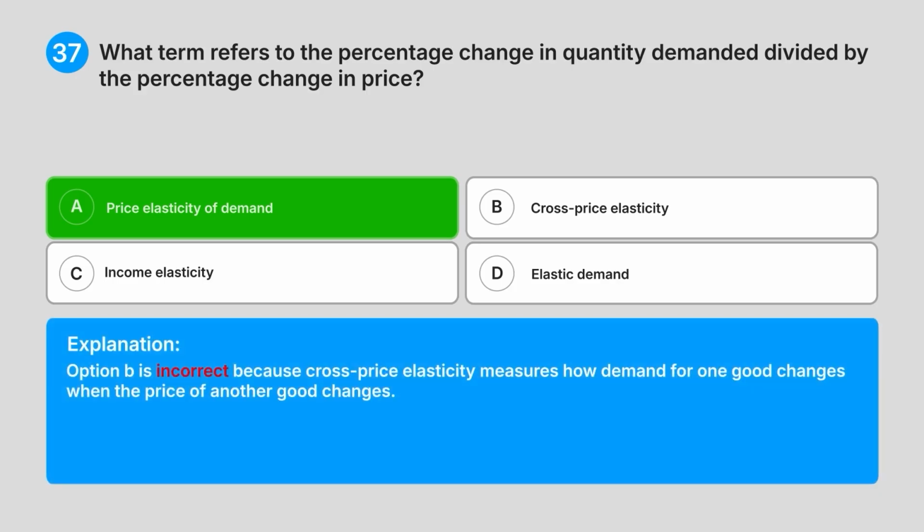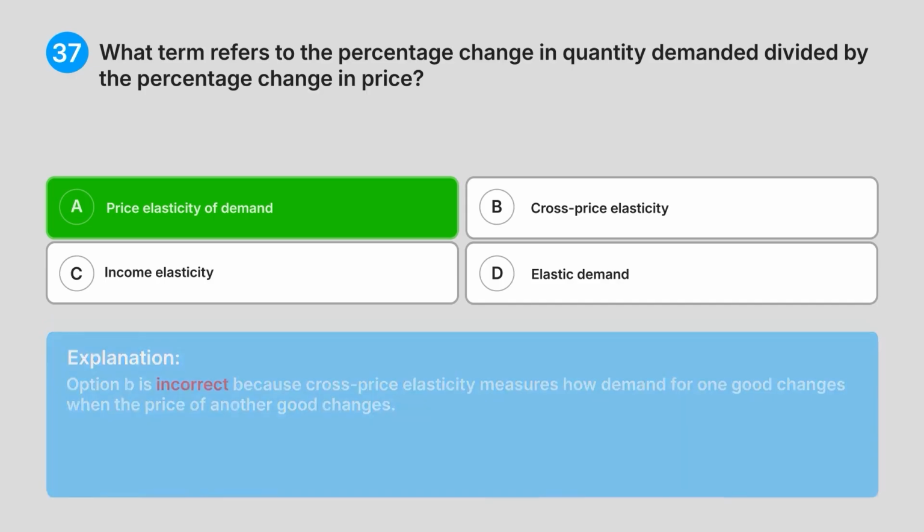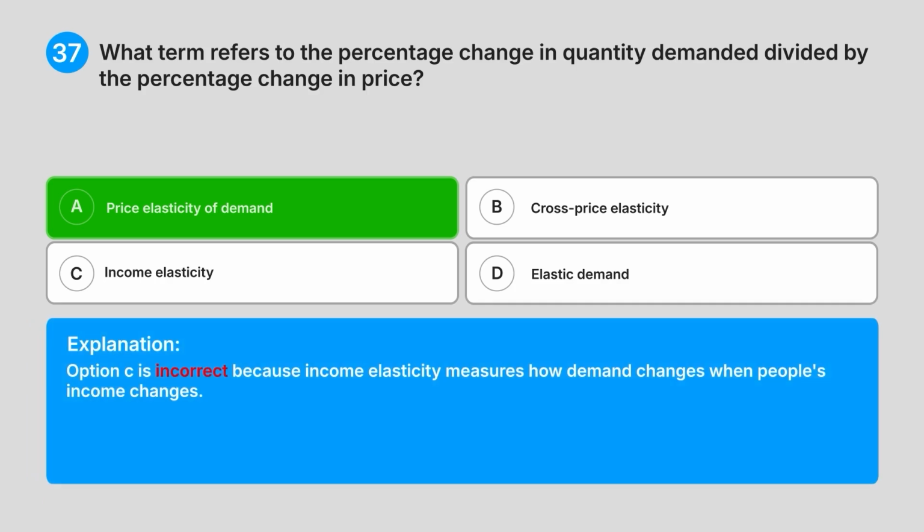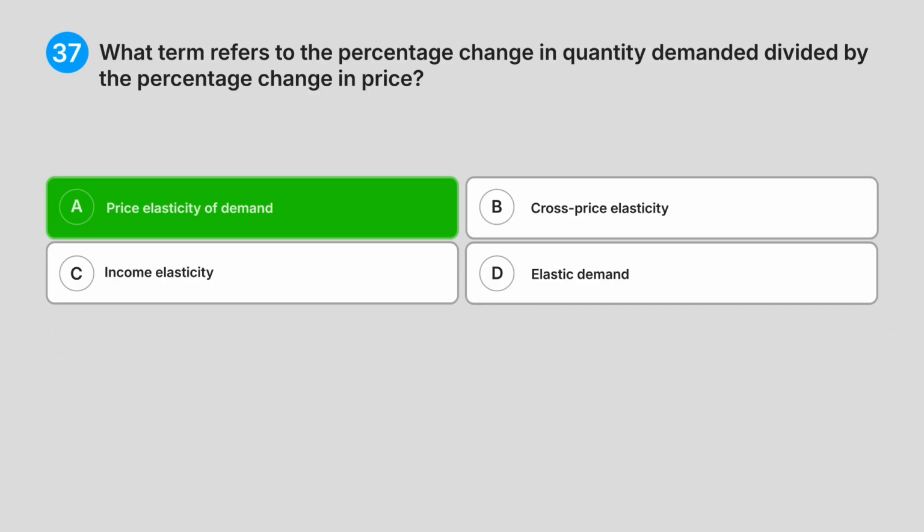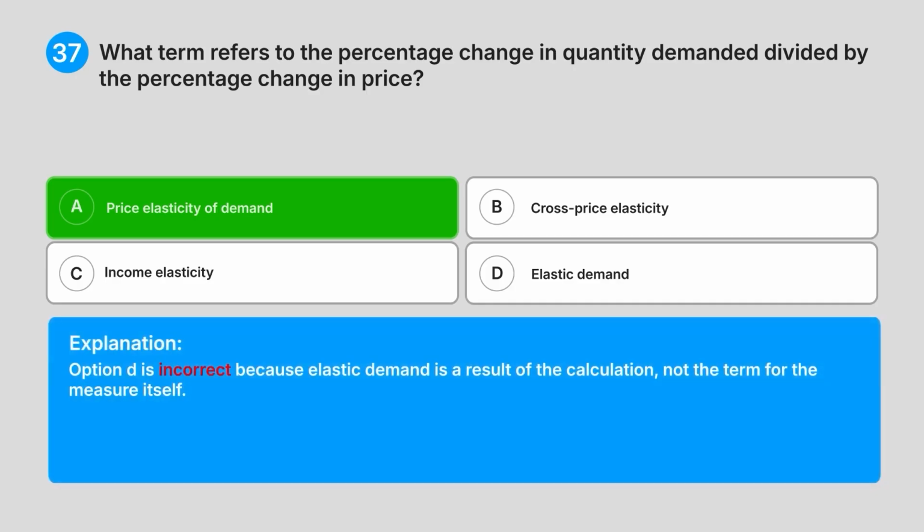Option B is incorrect because cross-price elasticity measures how demand for one good changes when the price of another good changes. Option C is incorrect because income elasticity measures how demand changes when people's income changes. Option D is incorrect because elastic demand is a result of the calculation, not the term for the measure itself.